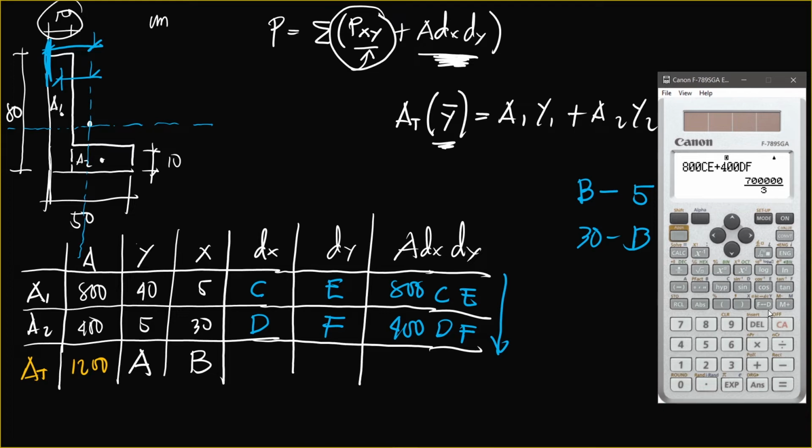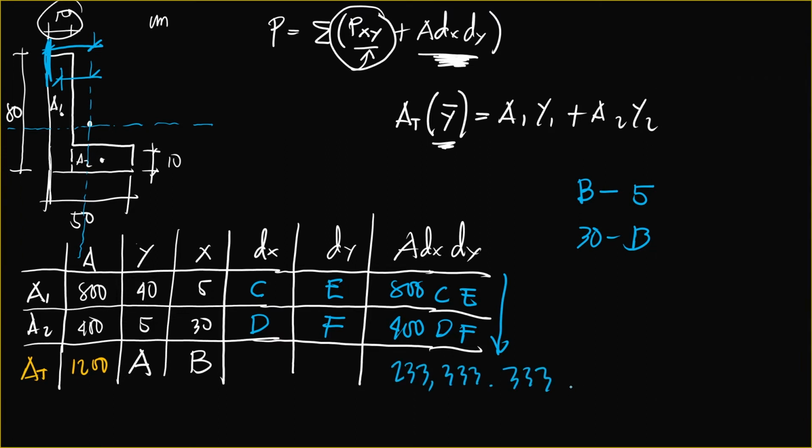The result is 233,333.333 centimeter raised to 4. This is how we determine the sum of A dx dy.